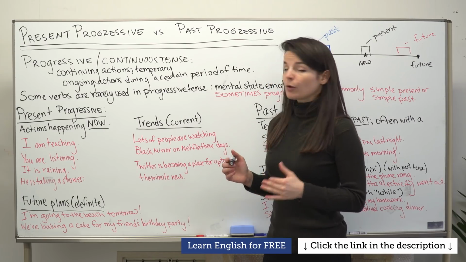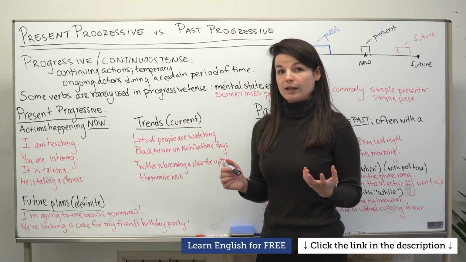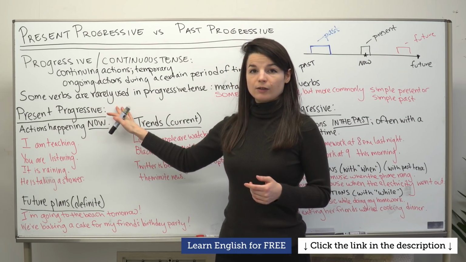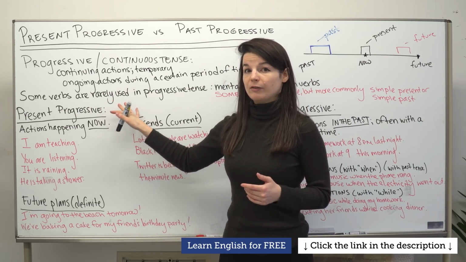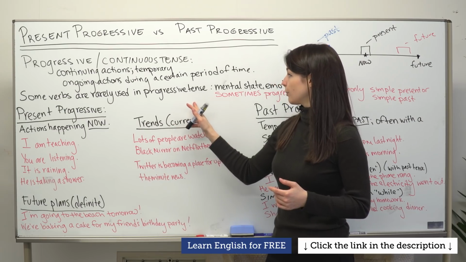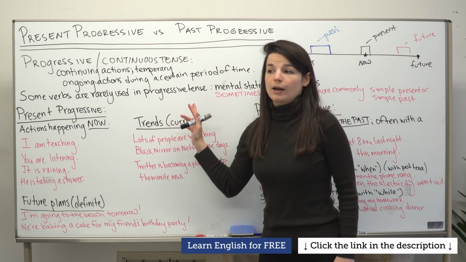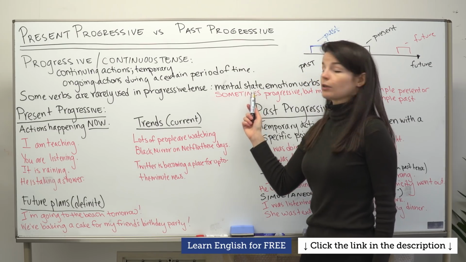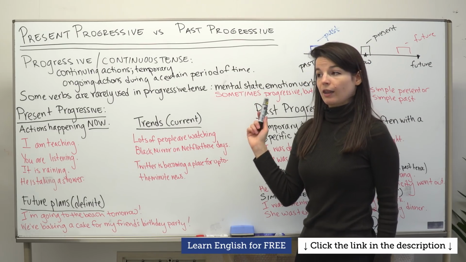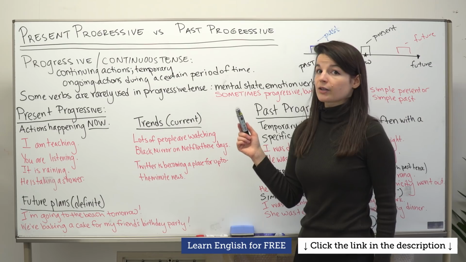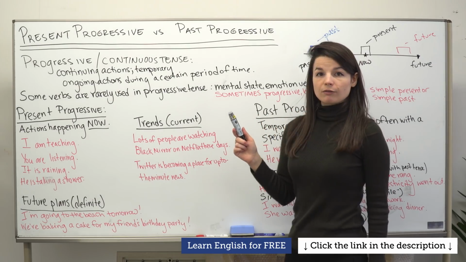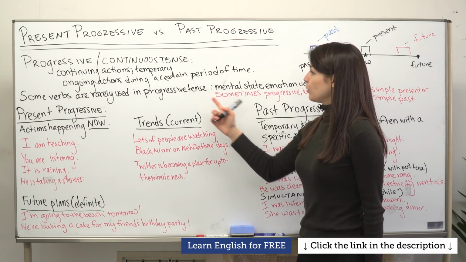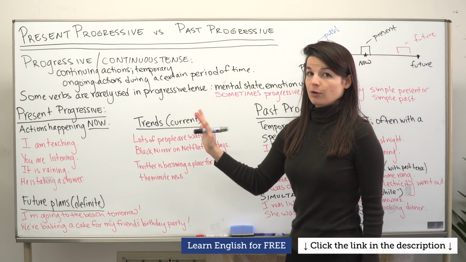So another point I want to make about the progressive tense is that there are some verbs that are rarely used, or it's fairly uncommon for these verbs to be used in the progressive tense. So it's a category really of verbs. So that means, for example, your mental state verbs like think or know or understand, and emotion verbs like, for example, like or love. So these are verbs which typically we don't use in the progressive tense.